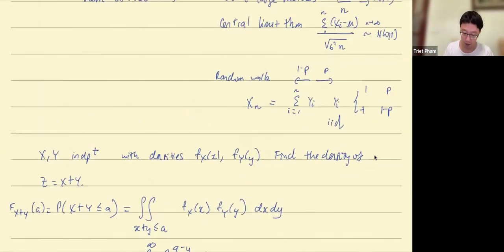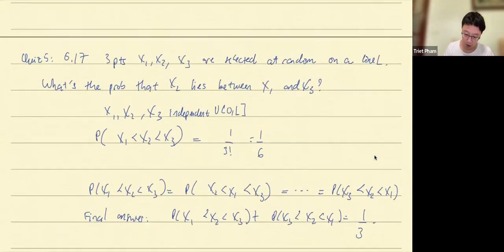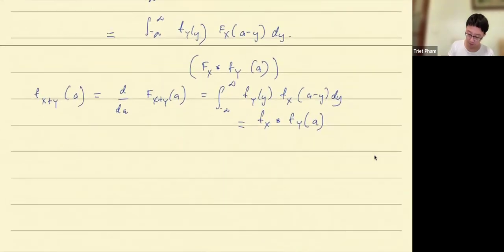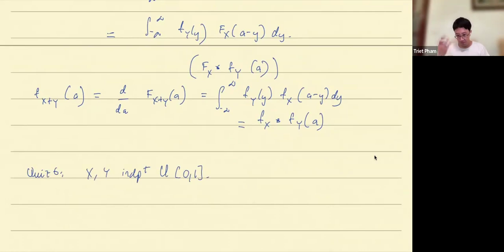So let's take a look at the classical problem here, which is quiz 6. Let's suppose that x and y are independent, uniform 0 to 1. Meaning what? Meaning that their densities are both 1, and the joint is just a product.